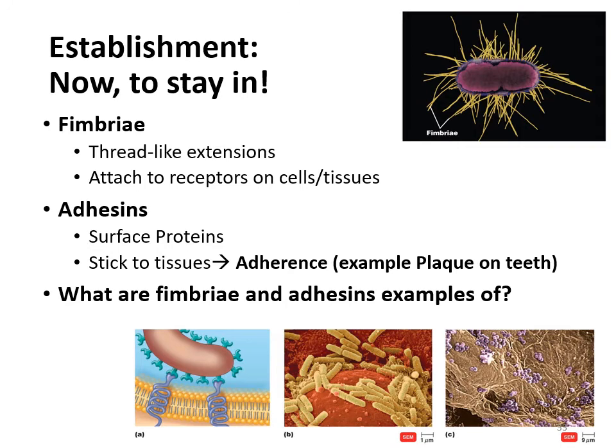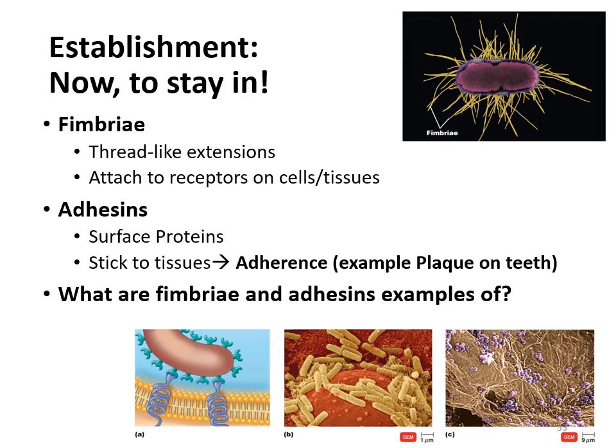And adhesins, which you see in the figure here, are simply surface proteins, basically receptors, that help them grab a hold of receptors or proteins that are on your cells or tissues. A big example of this adherence using adhesins are the bacteria that make up plaque on your teeth.